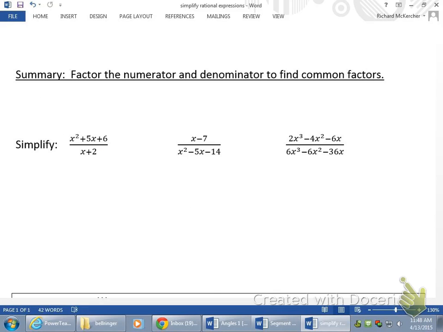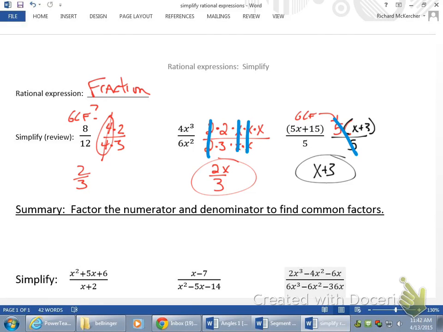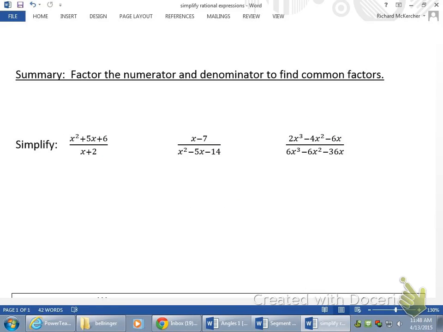So what that tells us, what we were trying to say anyways, is that if we want to factor the numerator and the denominator to find the common factors, that's what we're looking to do. After you factor them, you're going to want to eliminate that common factor. That's the whole idea.